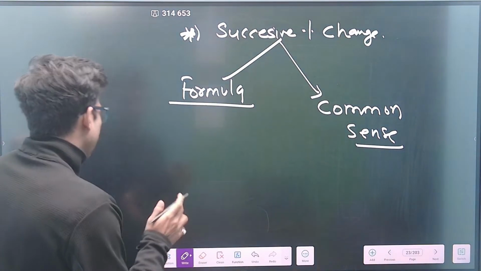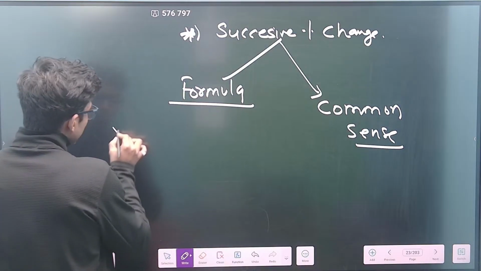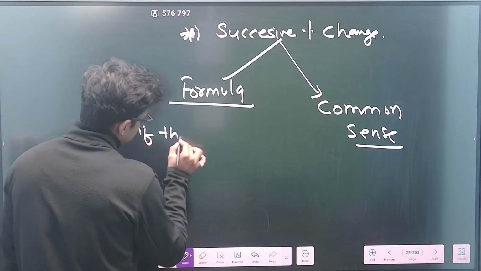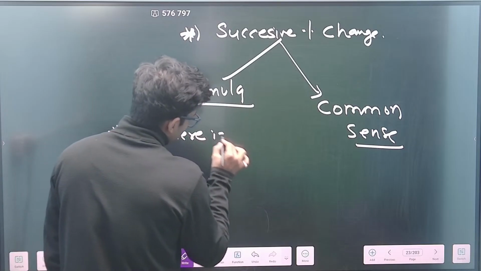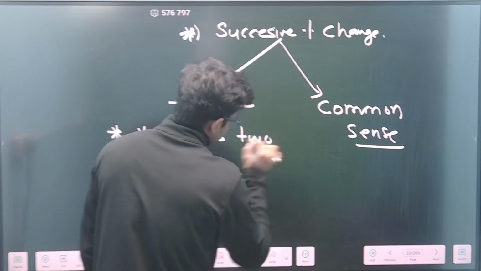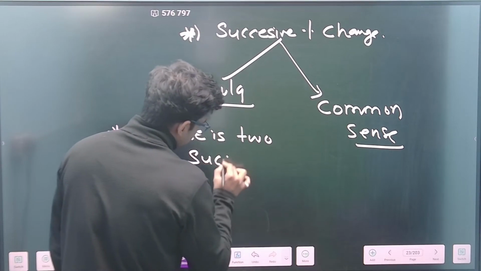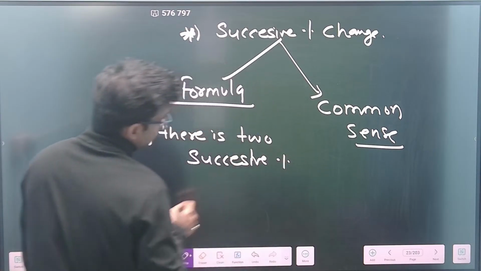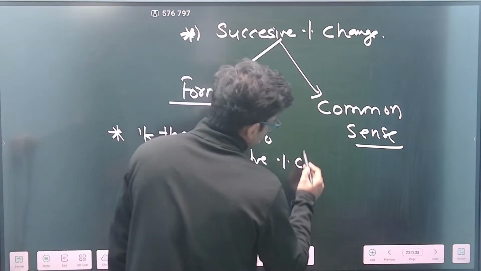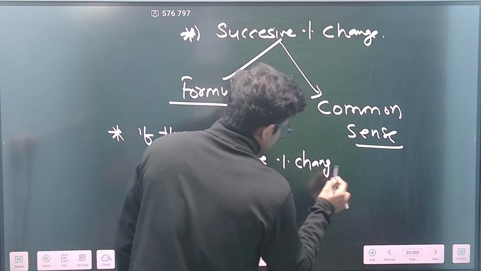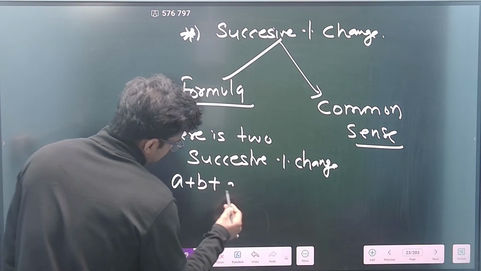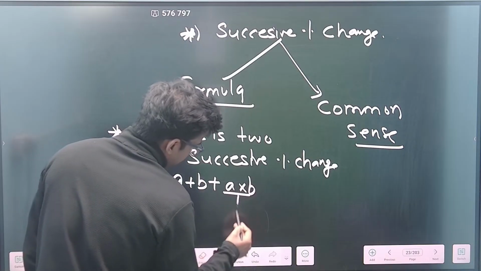So I'll guide you. If there are two successive percentage changes, then the formula becomes A plus B plus A into B by 100.